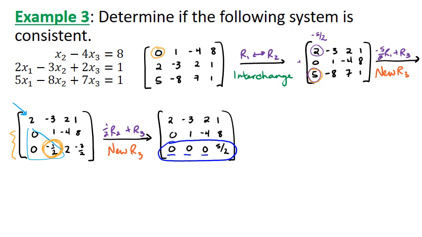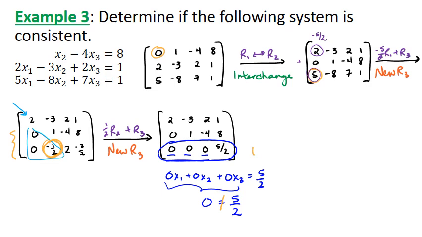If I write this as a linear equation, it would be 0x1 plus 0x2, because remember these represent the coefficients, plus 0x3 is equal to 5/2. Well, 0 times anything is 0. And last time I checked, 0 does not equal 5/2. This is never true.